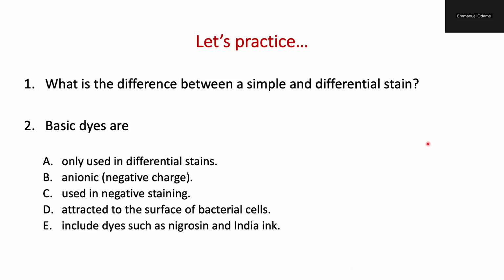Let me take it again. A simple stain uses just one dye to stain either the organism or the background of that organism, whilst a differential stain uses two different colors of stains to clearly contrast cell types or cell parts.